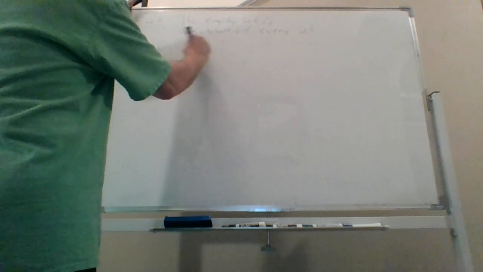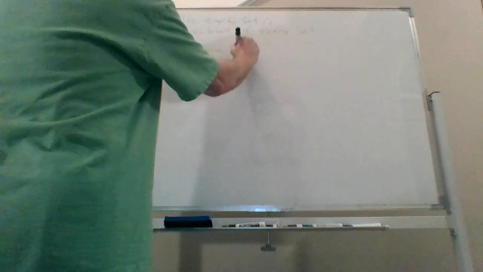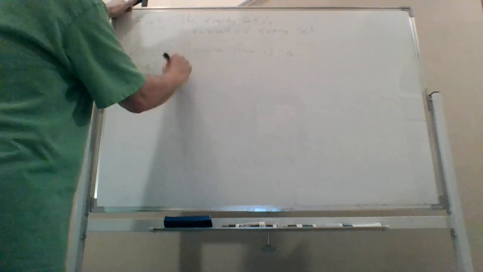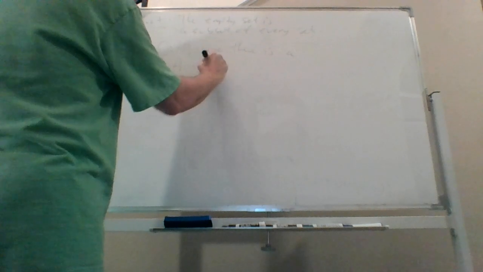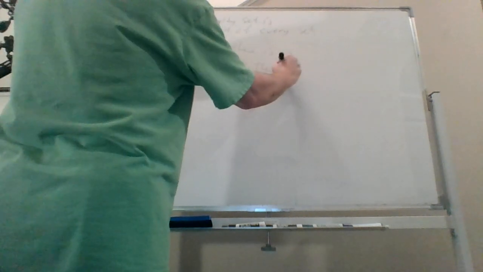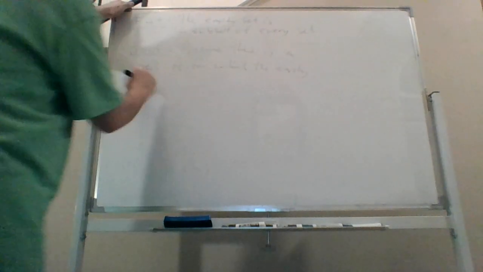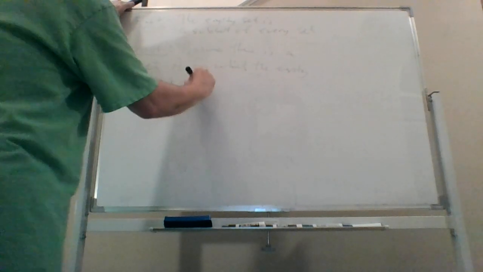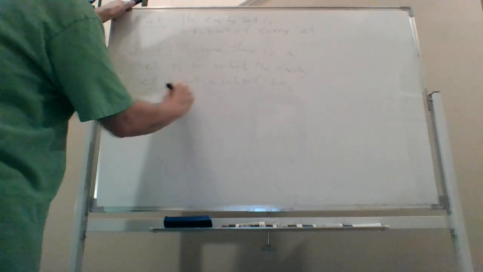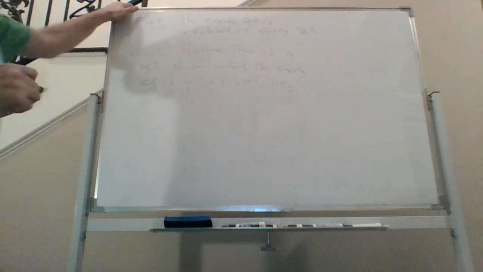So let's assume there is a set A for which the empty set is not a subset. In other words, the empty set is not a subset of A. That's just writing it in symbols.